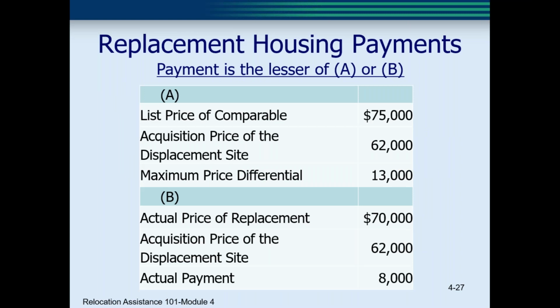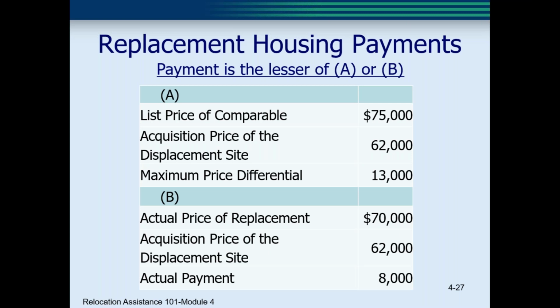So in this example, the displaced person purchased a replacement site that costs less than the list of the comparable. Thus, the actual differential payment was less than the relocation offer. If you look at A, the list of the prime comp was $75,000. The acquisition price was $62,000.